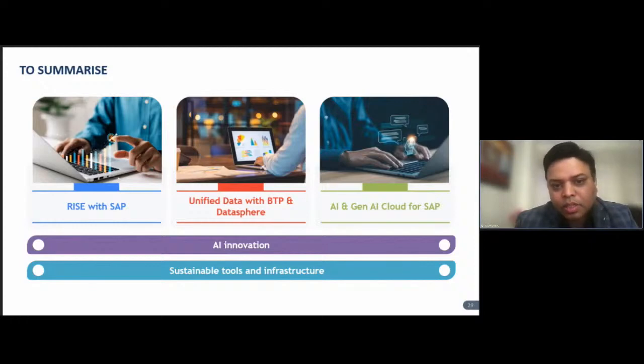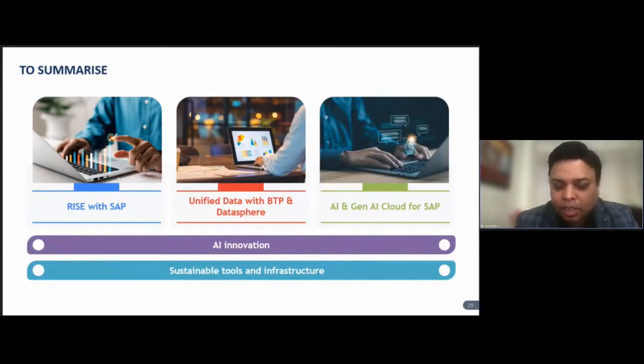The second, as I mentioned, is in unifying your data, bringing your data outside of SAP in near real time, or bringing your data from any other source, whether it is Salesforce or Facebook or Google Ads or weather data set, any source of data you can combine with each other.